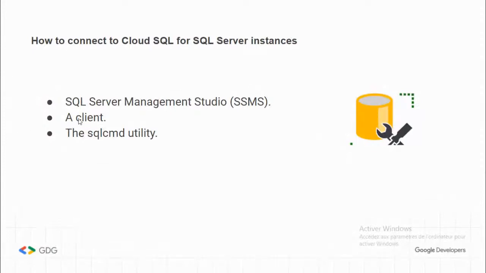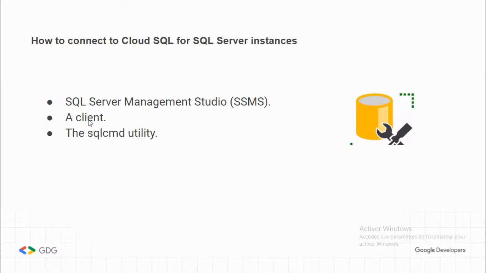The second way is using a client. So here you can connect a SQL Server client running locally on your client machine to your Cloud SQL instance. Before you start using this type of connection, you must have created the Cloud SQL instance, including configuring the default users.